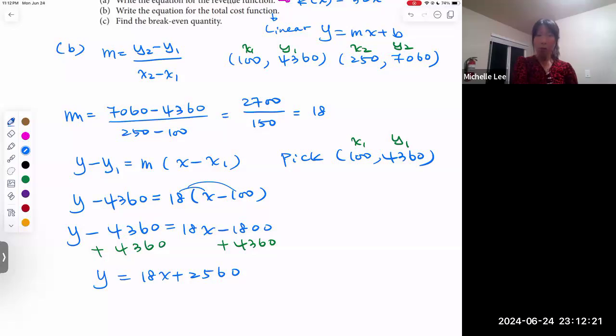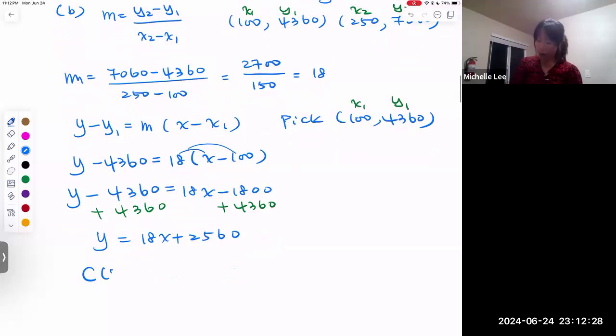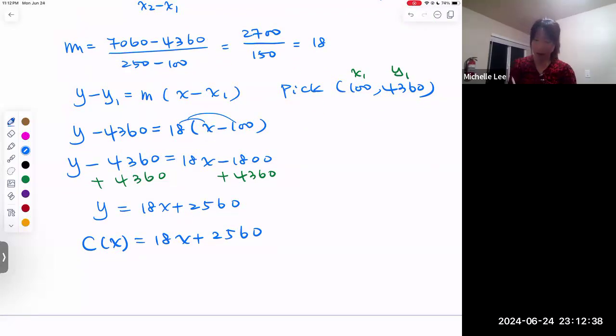Okay, so we want the total cost function. We use the C of x function notation equal to 18x plus 2,560. We know that this is the fixed cost, right? And this is the variable cost.